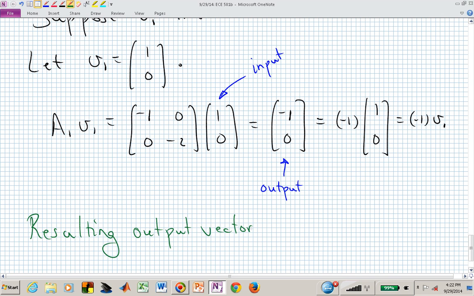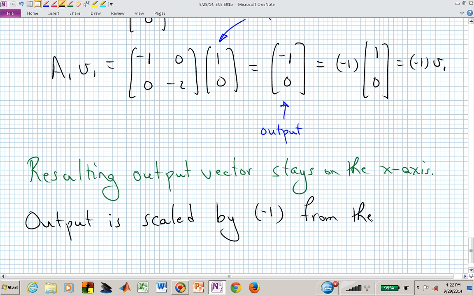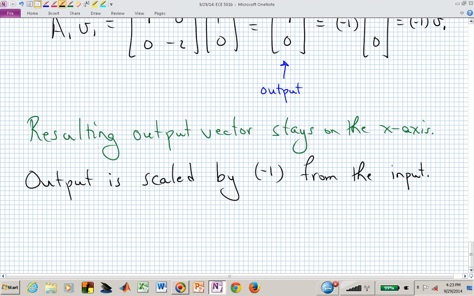The resulting output vector stays on the x-axis. And the output itself is scaled by minus 1 from the input, where the scaling is 1, and the direction has been changed 180 degrees, is sort of a way to think of that.